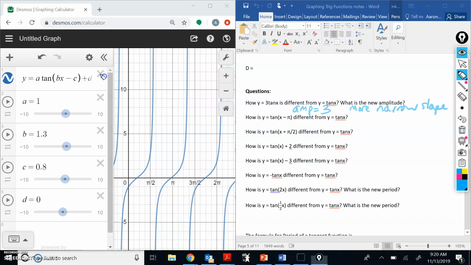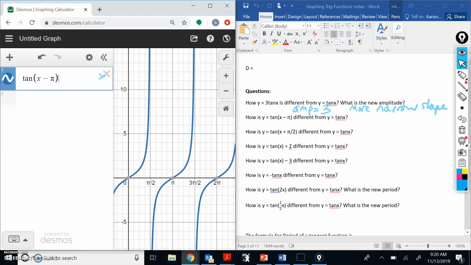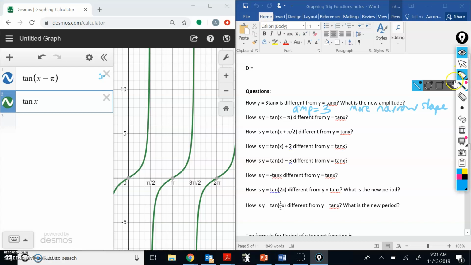If we had tan, let me write it over here, x minus pi, how is that different than the normal tan x graph? So you might not see it here between the blue and the green on the graph, but each one was moved right pi.